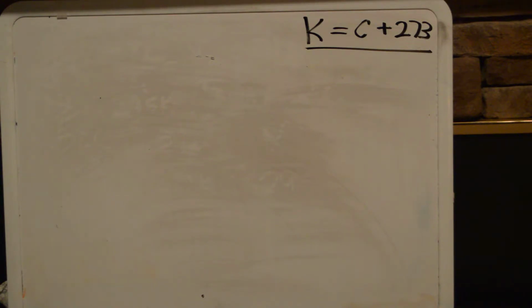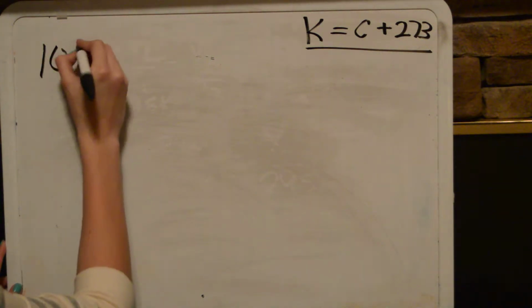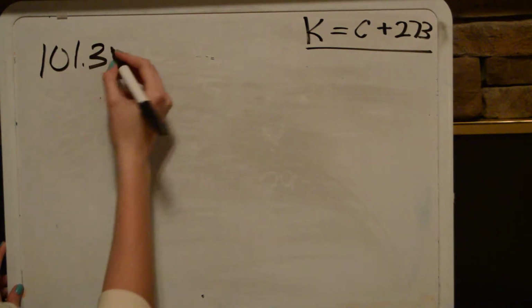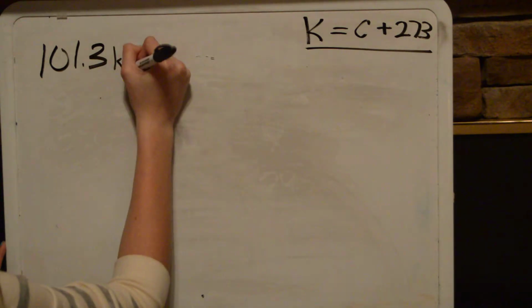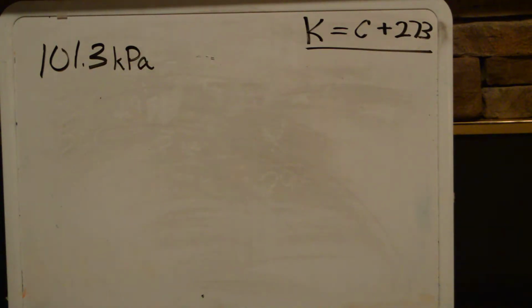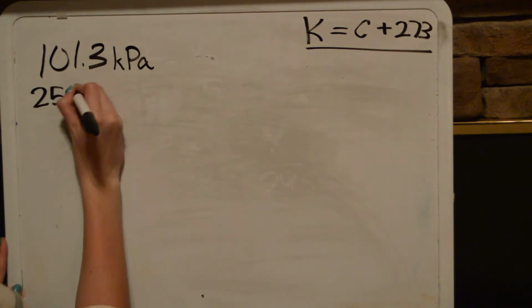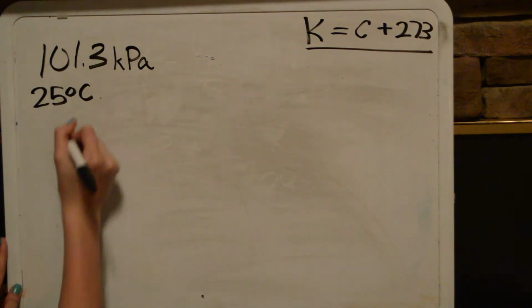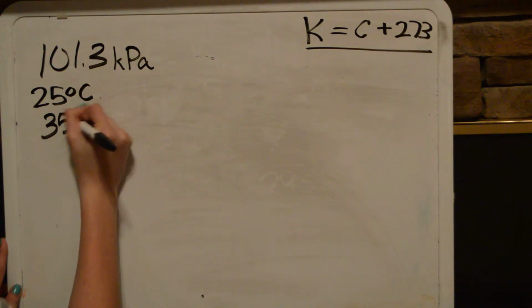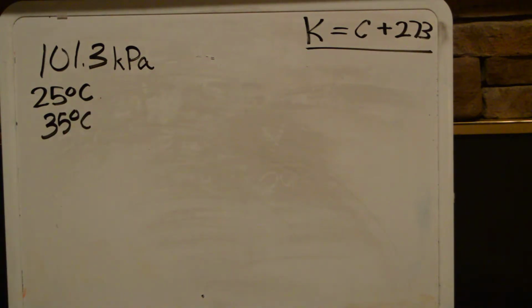So, determine the pressure change when a constant volume of gas at 101.3 kPa is heated from 25 degrees Celsius to 35 degrees Celsius. Now you're probably freaking out because we have never seen kPa before.